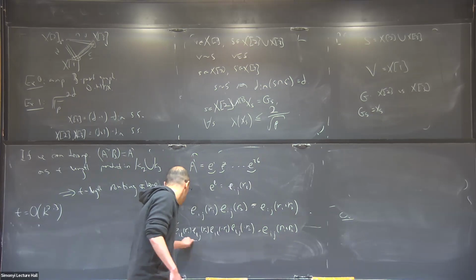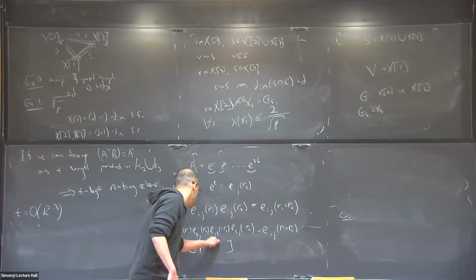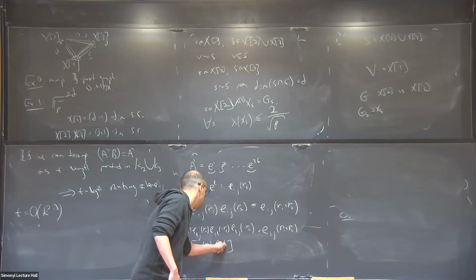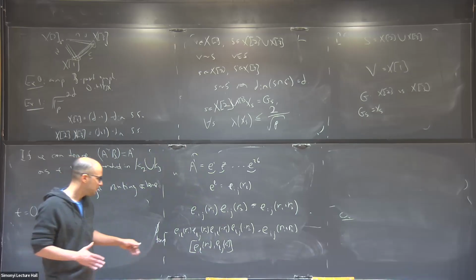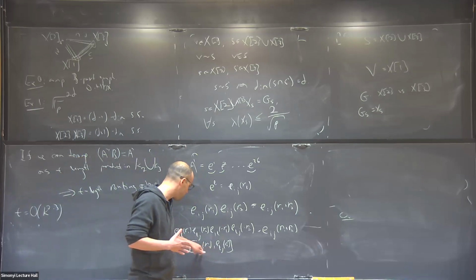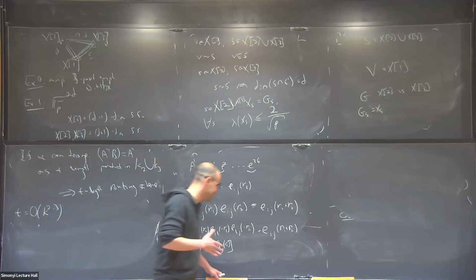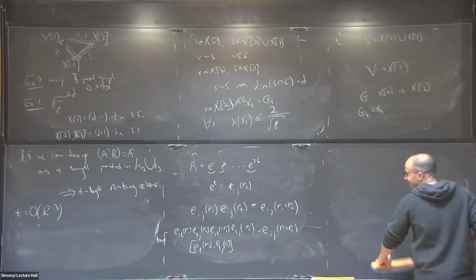This is sometimes abbreviated using these square brackets. So [E_IL(R1), E_LJ(R2)]. Nobody's clapping for me for doing all the indices right. And L is the third index.